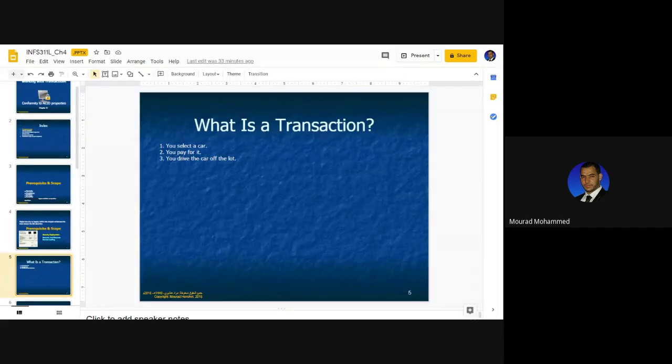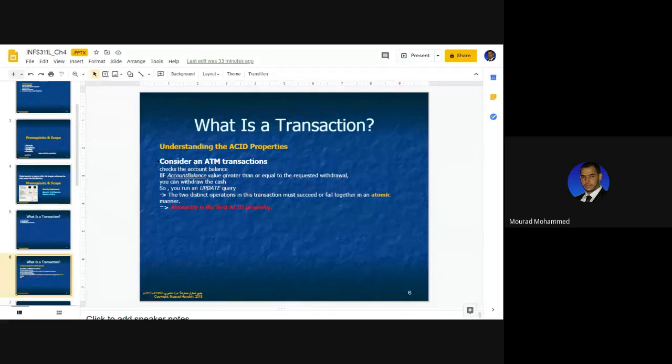Thus, there is a sequence that the computer has to understand. This is what atomicity, consistency, isolation, and durability present to us, to define perfectly and clearly what a transaction is.